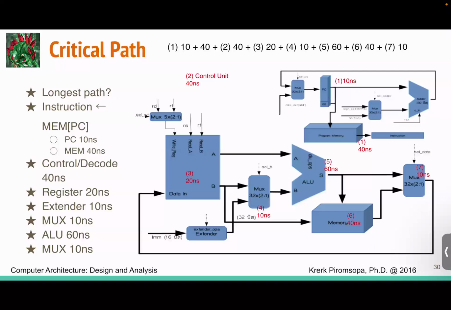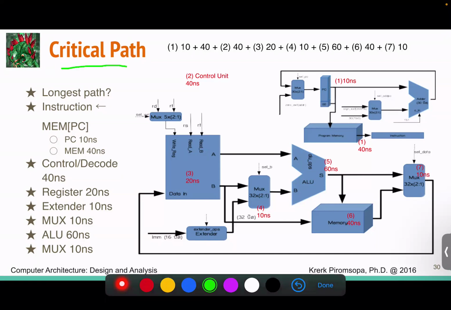But there's one thing that you have to learn, which is the concept that we call critical path. What is a critical path? From the word, it means the path that took the longest, the slowest path. What does it mean when I say slowest?